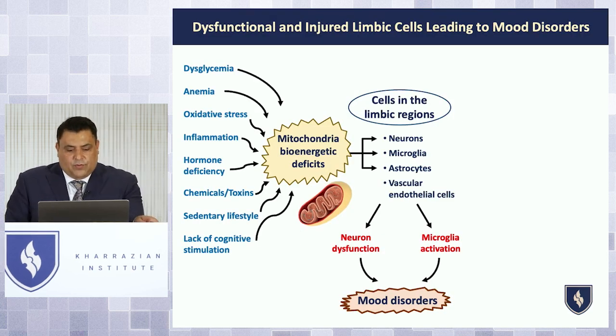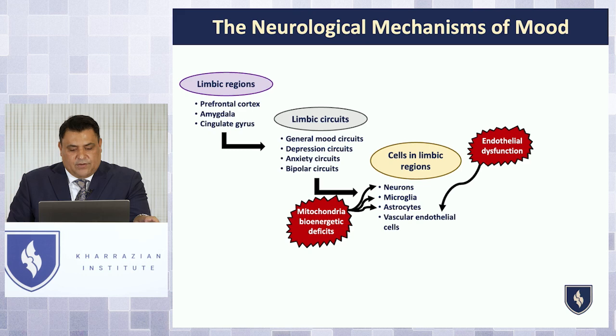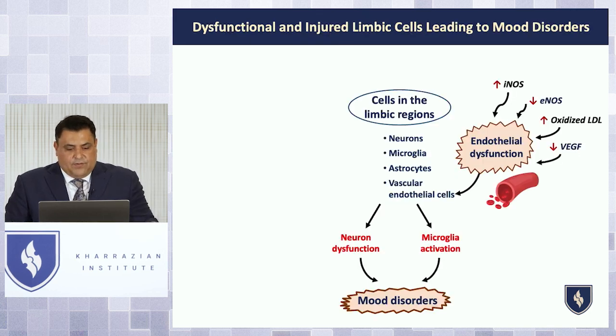Okay, so we know we have mood disorders that may be mitochondrially linked when they have poor endurance and very trivial types of stimulation impact them. Then we know that these limbic region cells, the mitochondria within these cells, are involved. Now we can also have issues with mood disorders when the vascular endothelium is involved. If there are unhealthy blood flow dynamics affecting blood flow to the cells in the region, we can also have neuron dysfunction, microglial activation, and mood disorders.